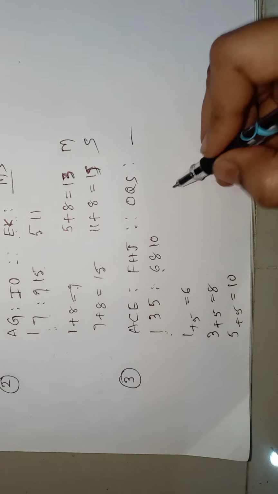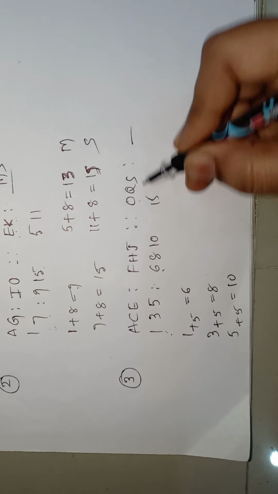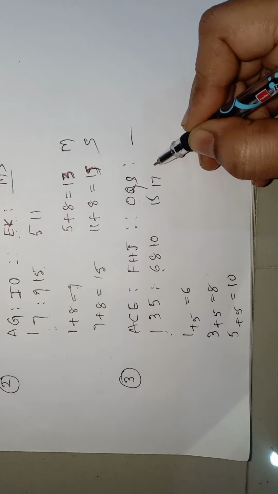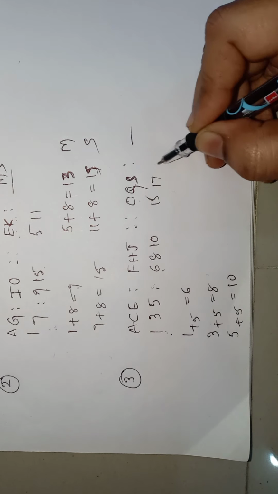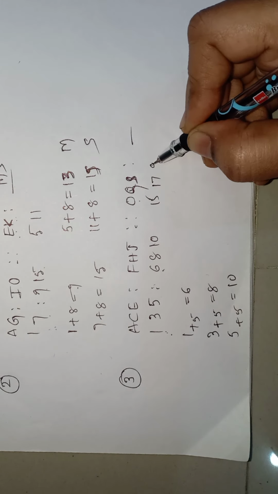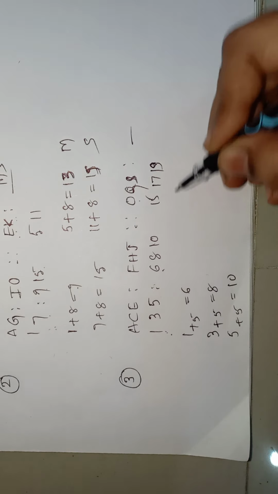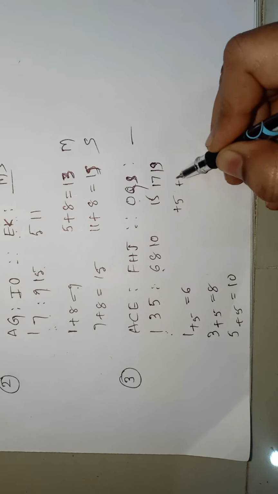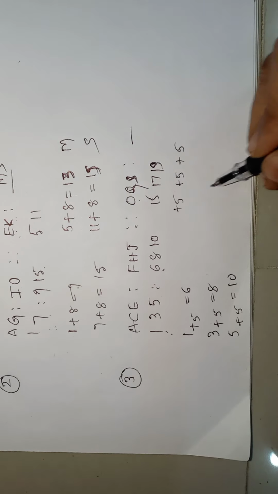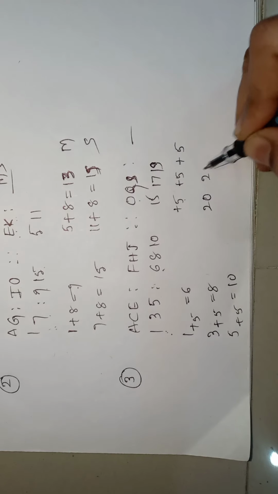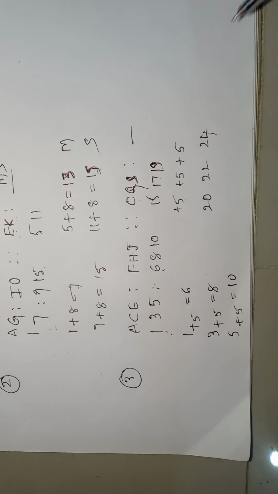Using this, O is 15, Q is 17, S is 19. Now plus 5, plus 5, plus 5. So 15 plus 5 is 20, 17 plus 5 is 22, and 19 plus 5 is 24.